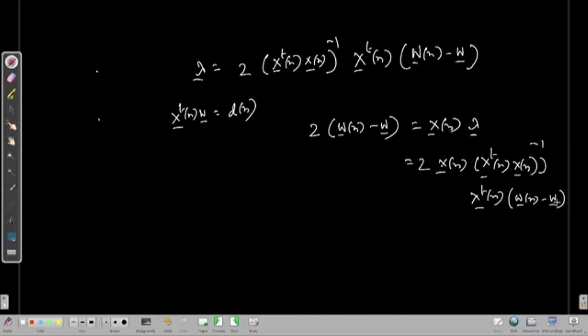So from here we have to apply this constraint in this. I see the 2 and 2 cancel, right. So X transpose n w equal d n.